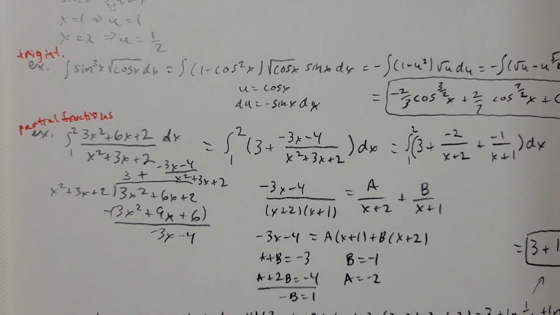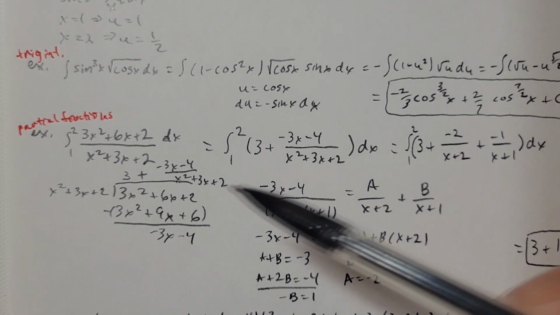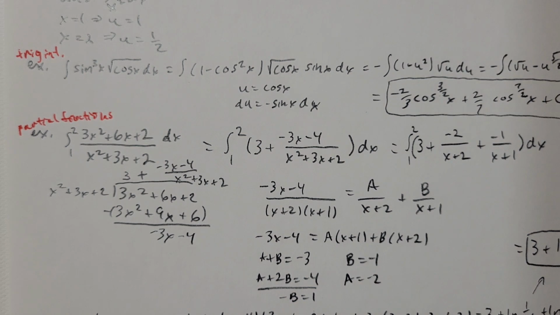Here's another one. So I'm integrating sine cubed of x times the square root of cosine of x dx. Well, that's obviously a trig integral, right? So I'd want to consider my identities and things like that. But this is going to be a problem coming from section 7.2.